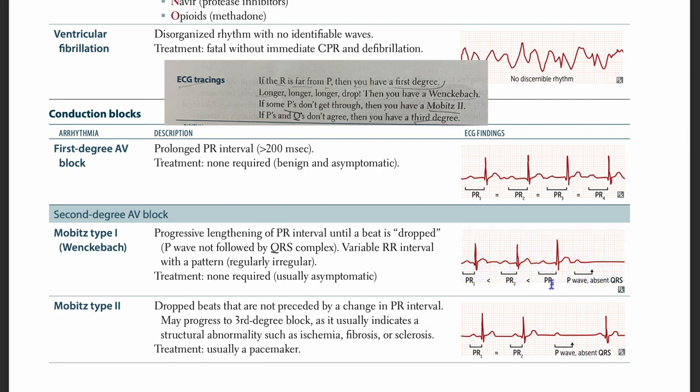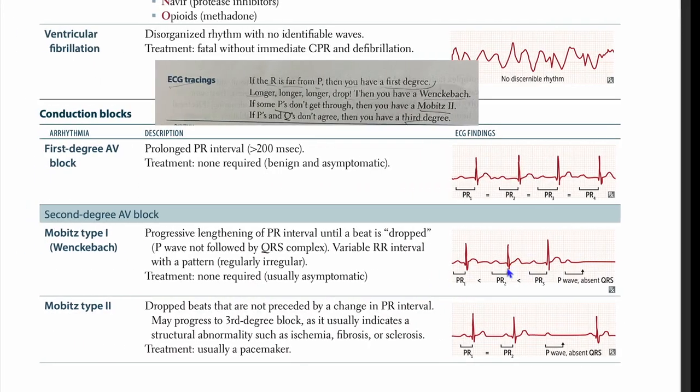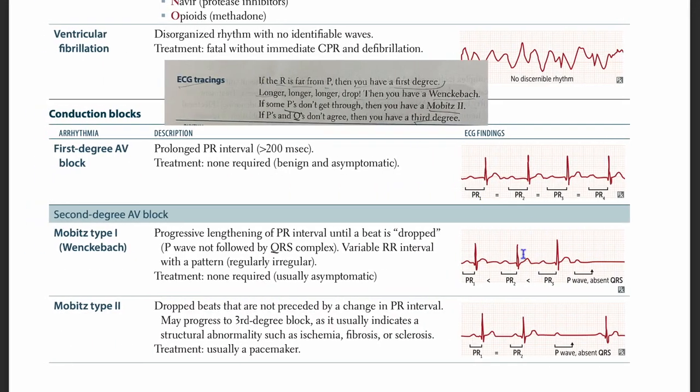So PR3 is more than PR2, more than PR1. Right. So, and then you don't have ventricular depolarization at all after this. So P wave is there, but absent QRS, right? So longer drop, then you have a Wenckebach.